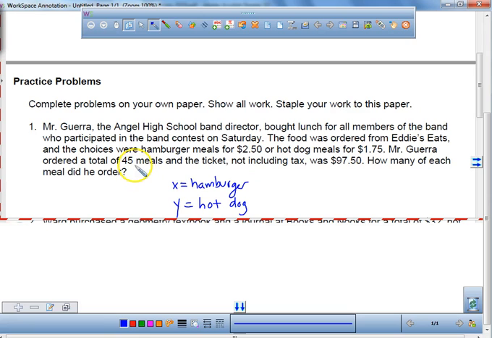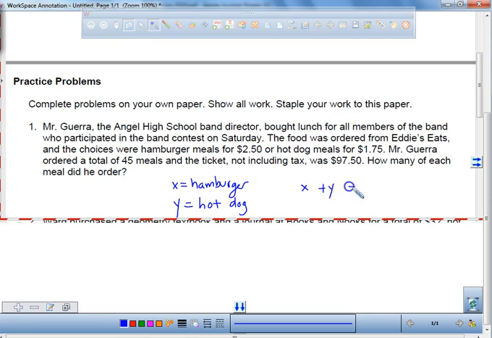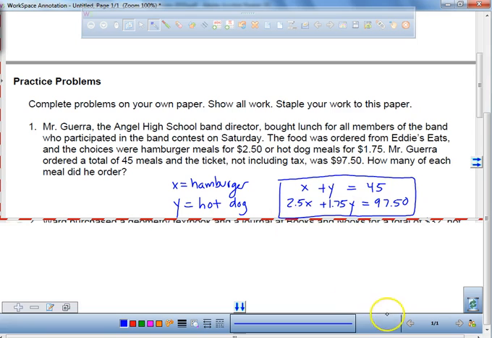There's a total of 45 meals, so we did x plus y equals 45. The hamburger meals cost $2.50, so we put 2.5x. And the hot dog meal cost $1.75, so we put 1.75y, and that equals the total price of $97.50. And that's how we set up problem number 1.